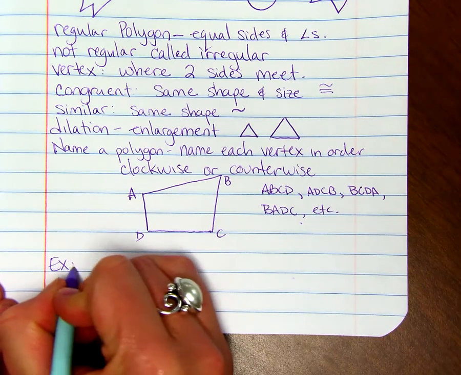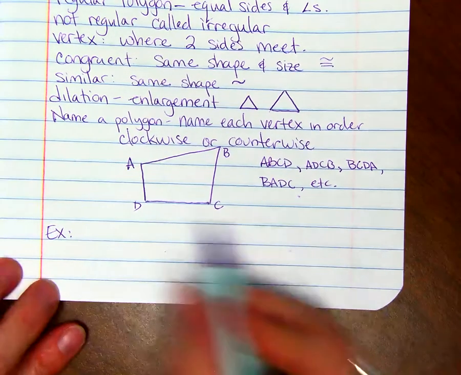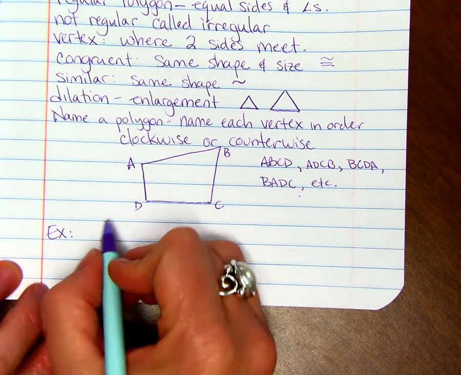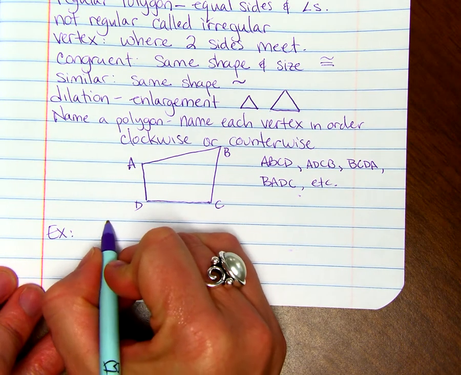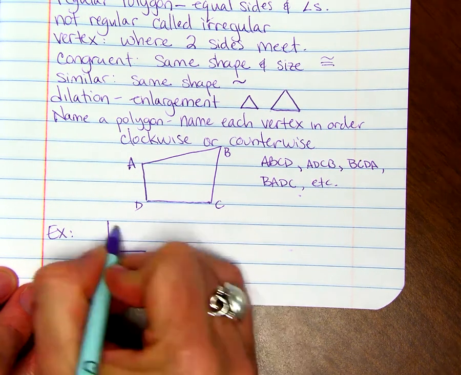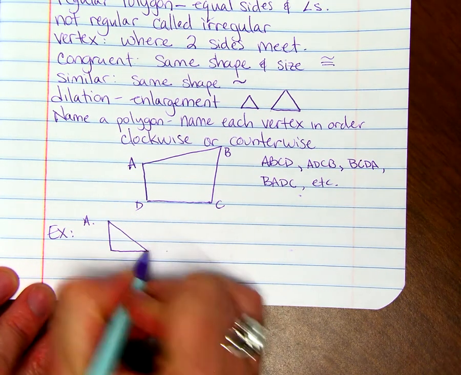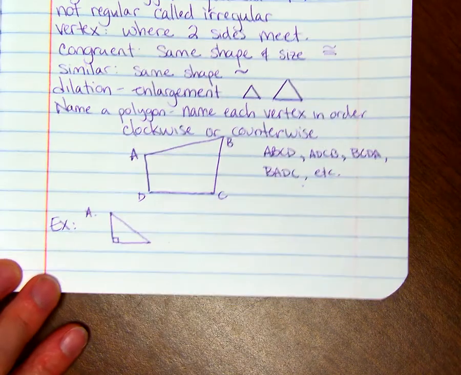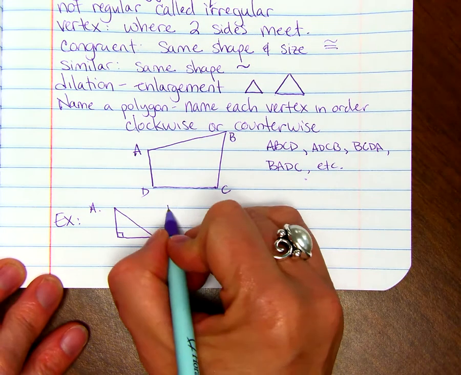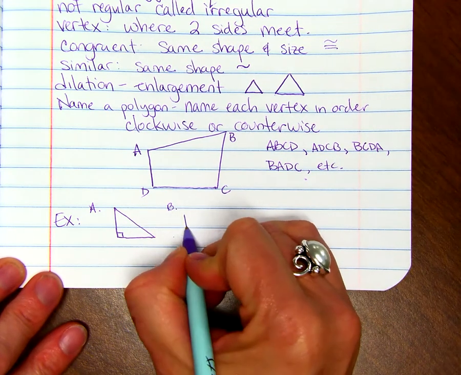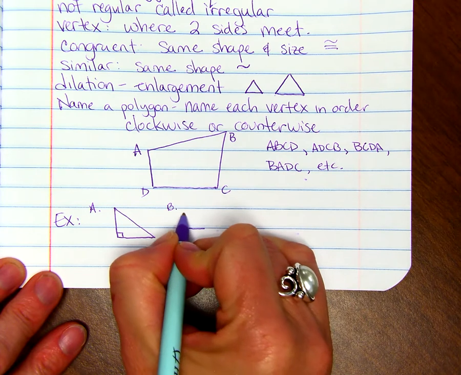So here's an example. We have a multiple choice question. We got an A. We're going to make it a right triangle. B, we're going to try to draw the same triangle, only a little baby one.